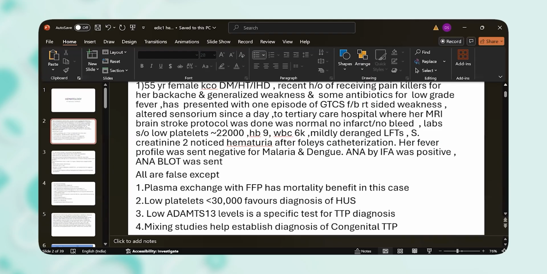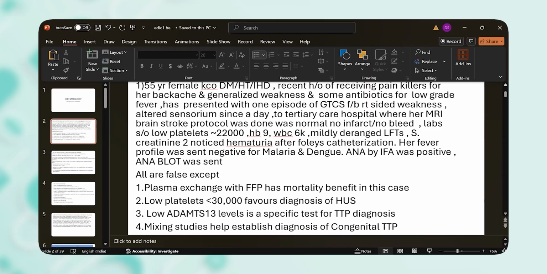Plasma exchange is the modality of choice in TTP, and it has a mortality benefit. The success is quite high when you start it as early as possible, within 6 hours. You don't wait for the results to come. Empirically, you start when you suspect it clinically and from the lab data, because the ADAMTS13 level takes time to come.